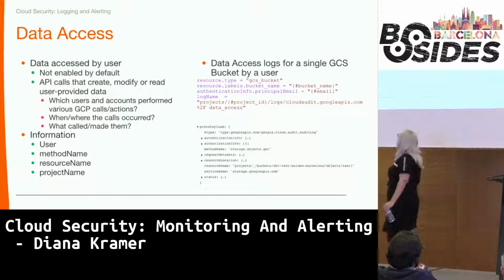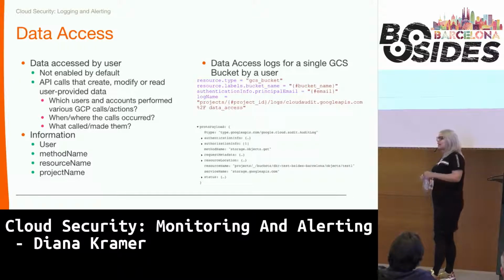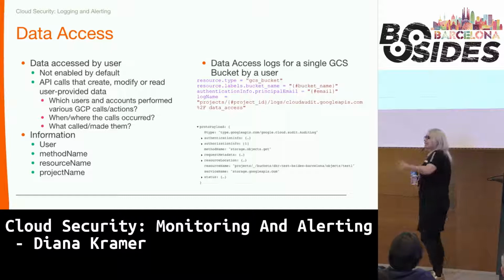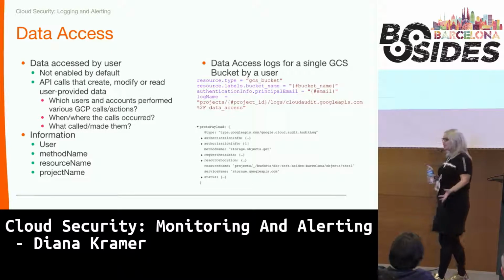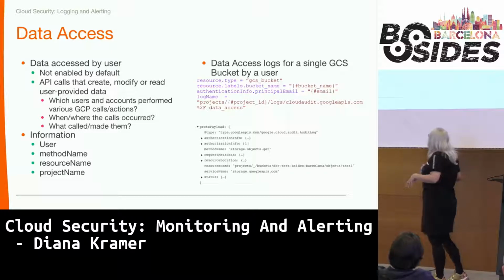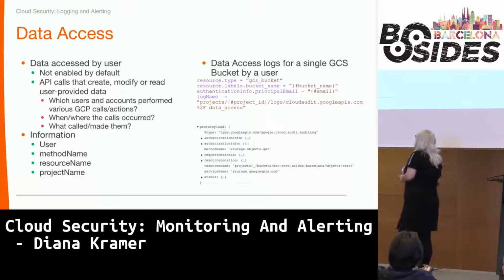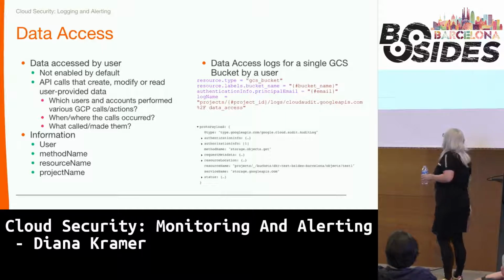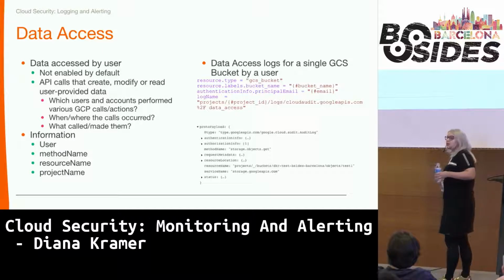This is access to data, the data access logs. In the case of admin activity logs, we could see when somebody created a bucket. In this case, we can see if somebody uploaded or downloaded information from that bucket. We have the same metadata about this activity, and we can also see the methods that have been invoked, from where, and by what or whom.